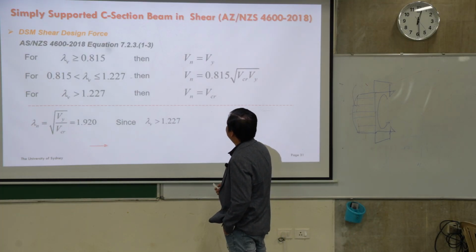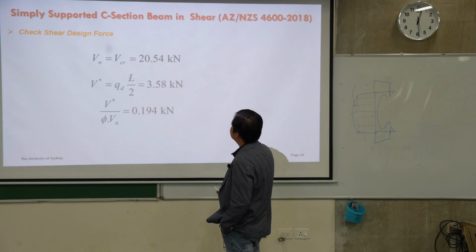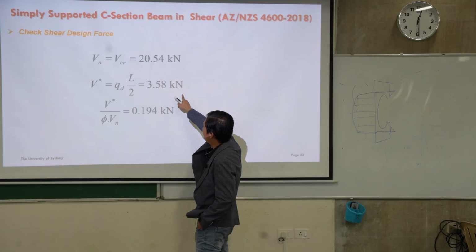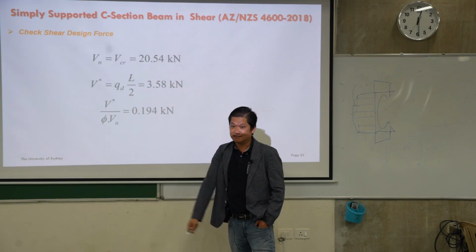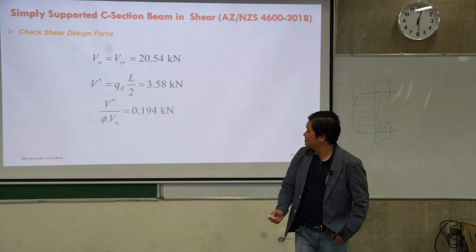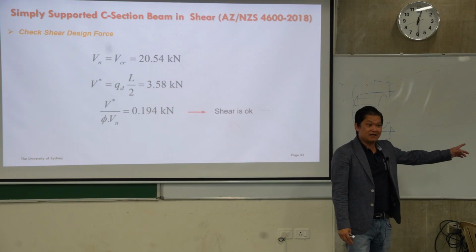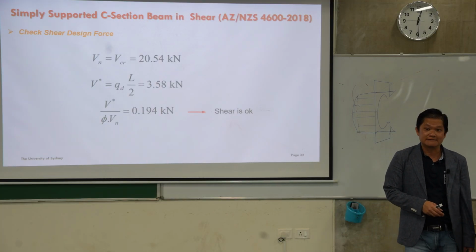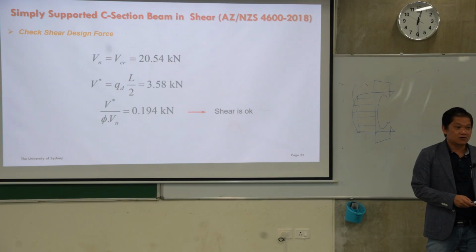So this is the equation, of course, and then we check. We have a shear, we calculate the shear at the support, and you calculate the shear design, okay? Then you can compare with the bending moment that we have, and you can see that the shear capacity is okay. It's bigger than what you expect, so it can carry it.